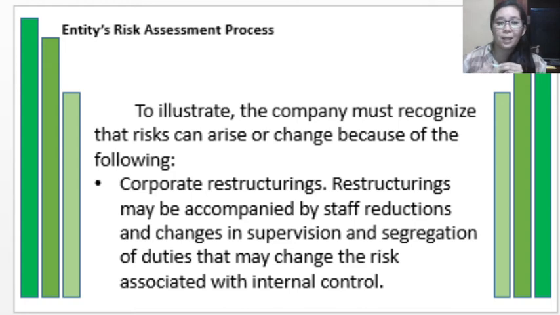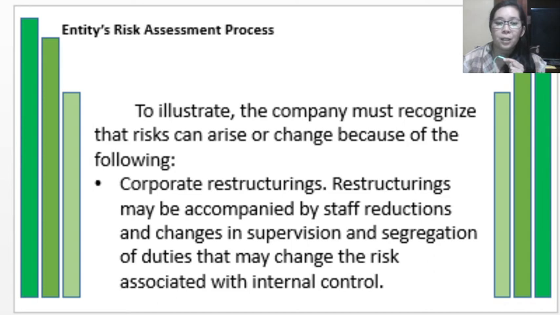Another is in the case of corporate restructuring. Normally this exists when there is a deficit in the retained earnings part of the entity's stockholders' equity account. In this case, restructuring can be made by issuing additional shares or bonds, or even acquiring additional long-term liability to eliminate the deficit.